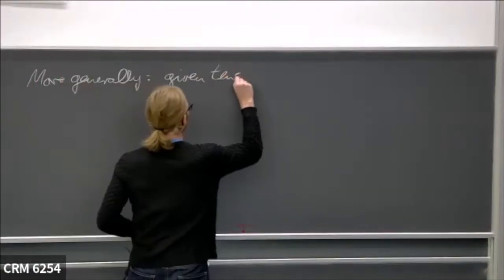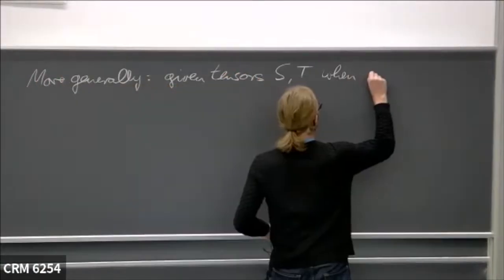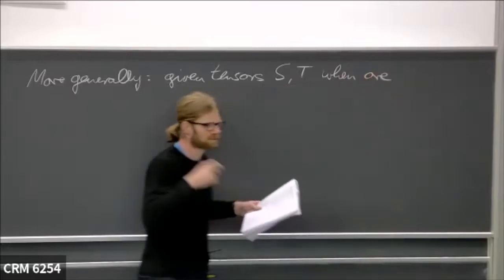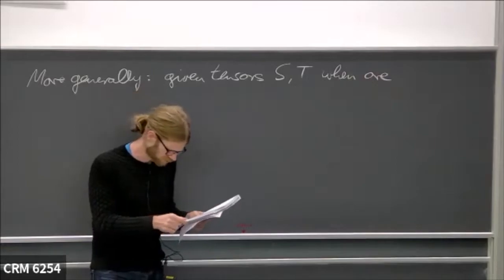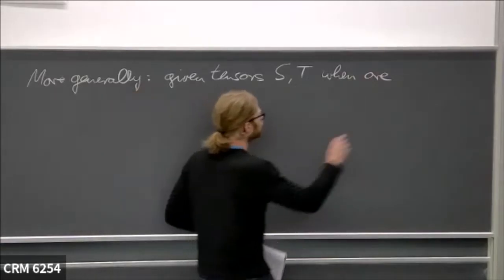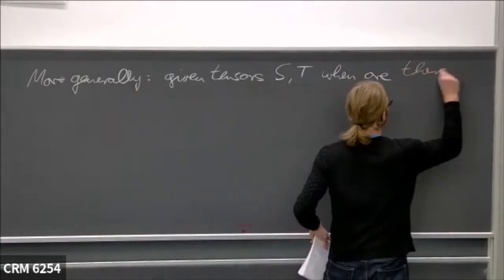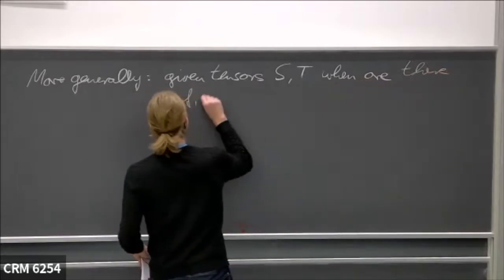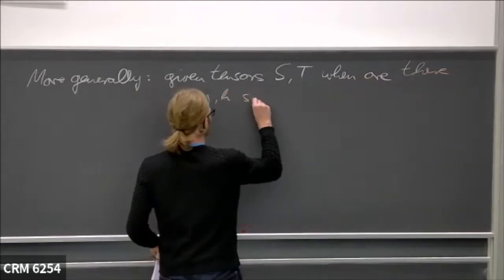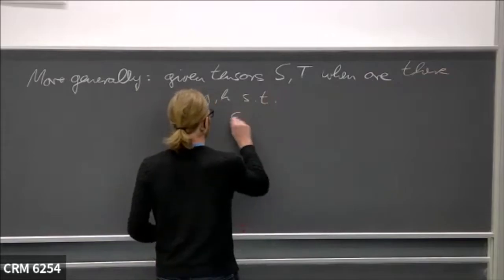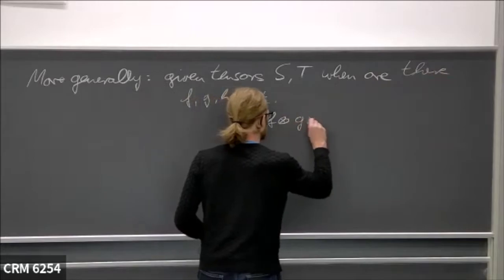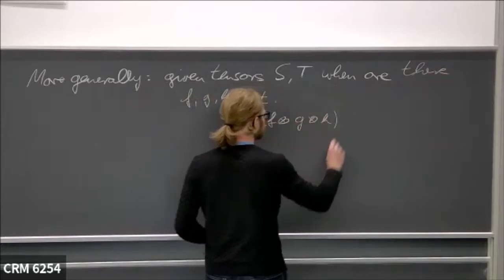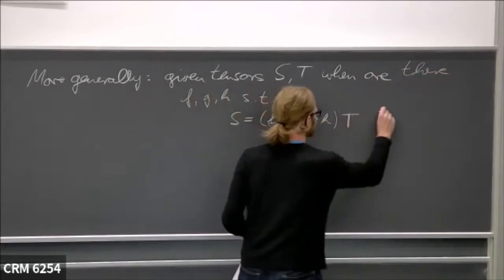So when we have two tensors, how can we obtain one from the other using just linear maps that operate on the individual tensor factors? When there are linear maps F, G and H such that S can be written as F ⊗ G ⊗ H applied to T.